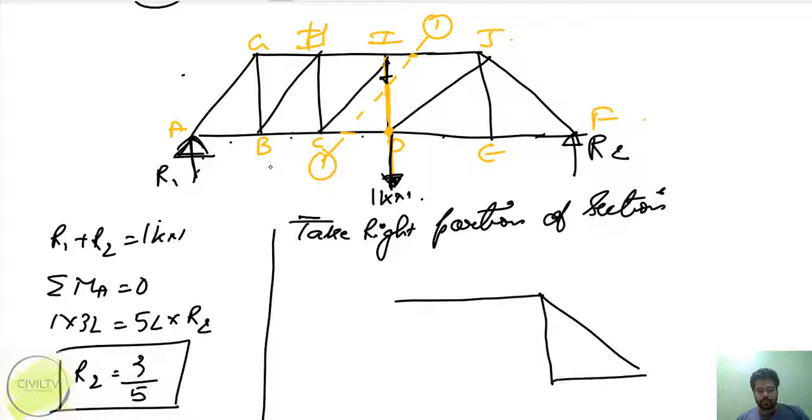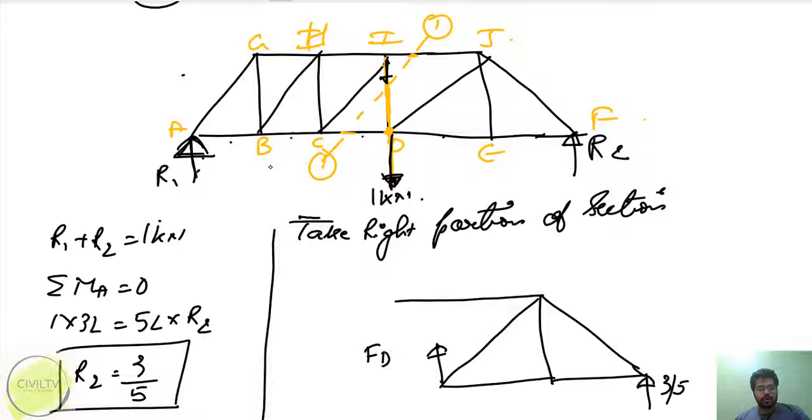All right. What is R2? R2 I calculated as 3 by 5. So this is somewhat like this. So it comes out to be FDI.